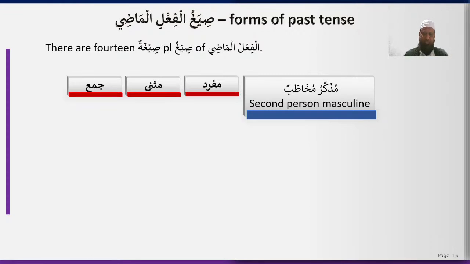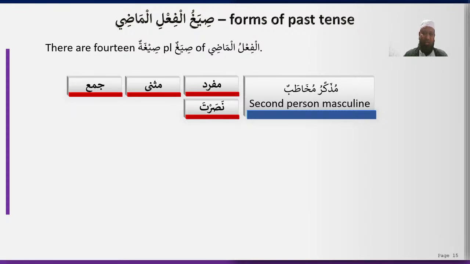Ta'ul fa'il. Mufrad, nasarta. Did you remember that? To add these damirs, you need to make the lamul kalima sakin. So this fi'l madi will become mabni ala sukun.